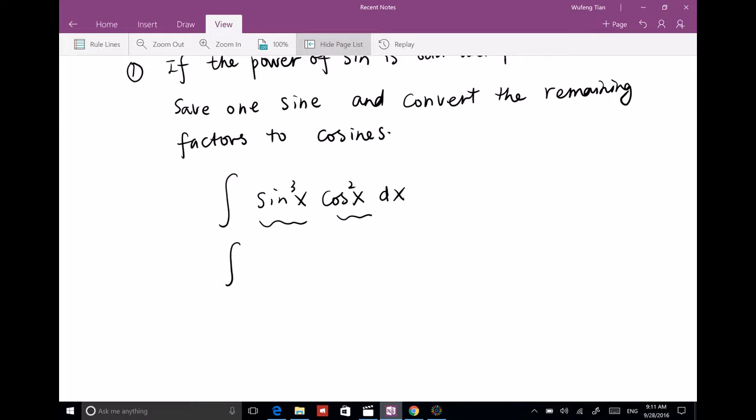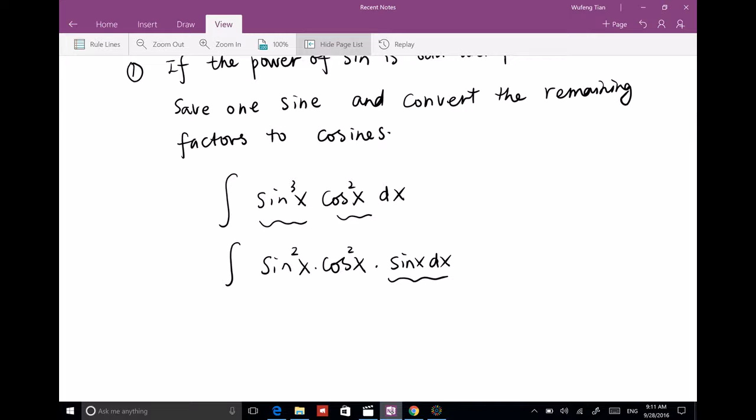But the problem is the cube. The cube is not good. So what I can do is break the cube into a square and an extra sine x dx, where the cube is multiplication of sine square and sine x.